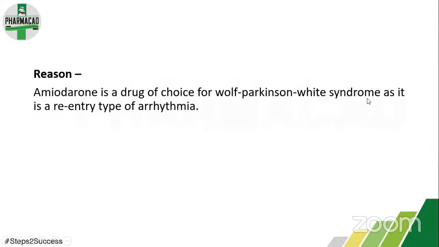Amiodarone is a drug of choice as it is a re-entry type of arrhythmia, and amiodarone is very good at handling these types of arrhythmias. Amiodarone also has a prolonged duration of action. Hence, it will relieve your arrhythmia for a longer duration compared to other drugs. Okay, so this was the answer for MCQ 17.